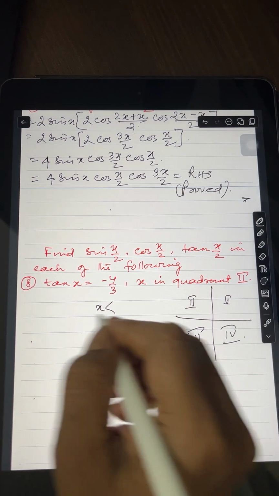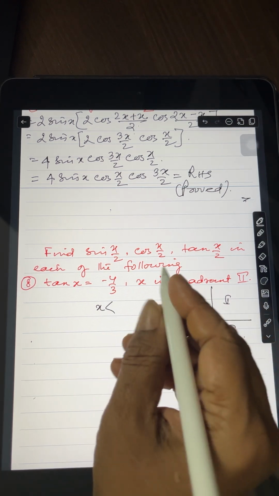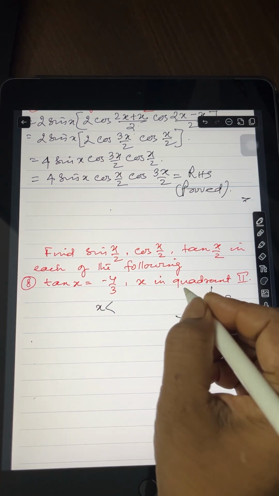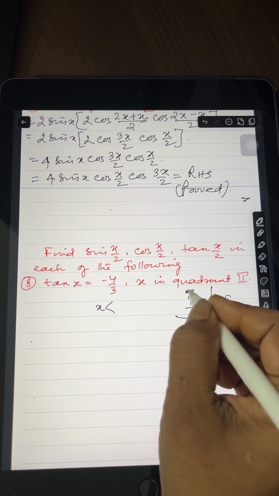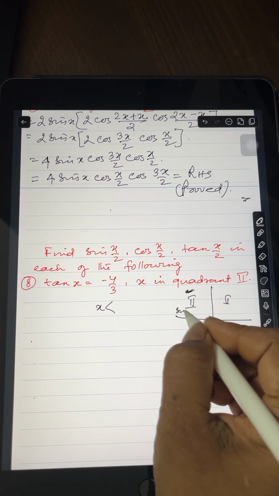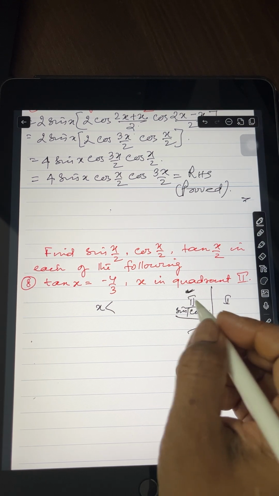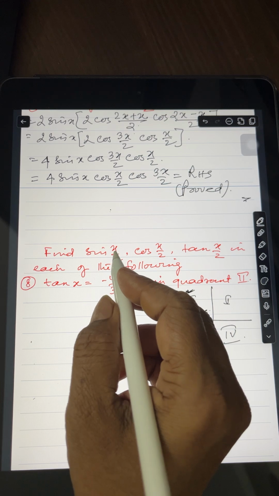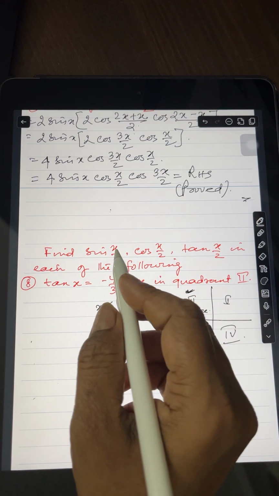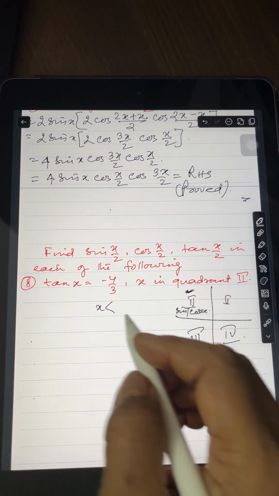X is in second quadrant, he's saying. In this quadrant, what all is positive? Sine is positive and cosec is positive. Then here what we have to find is not x. We have to find x by 2.